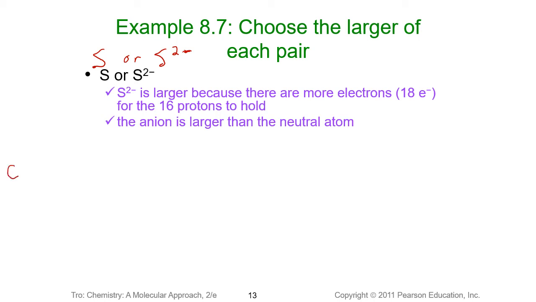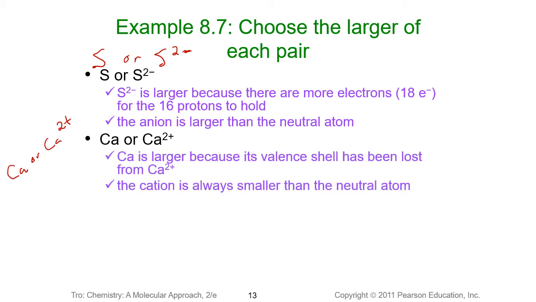What if we have calcium or our calcium ion? Which will be larger? The neutral calcium will be larger because we've lost electrons from the outermost shell to form the calcium ion. So our cations are always smaller than our neutral atoms.